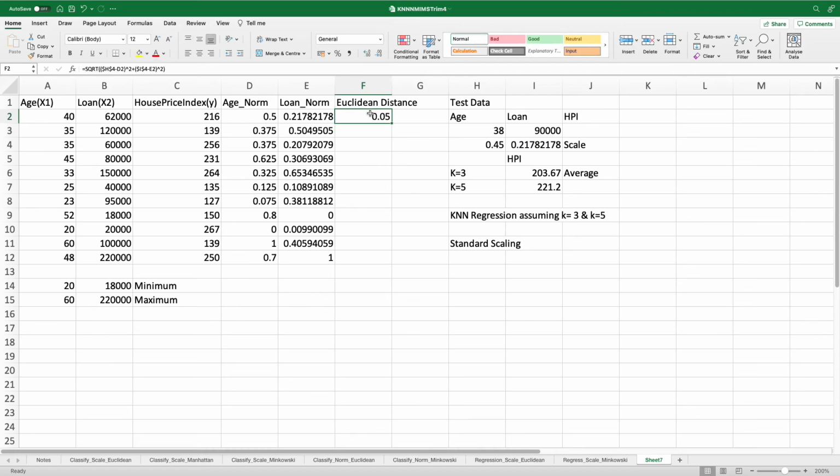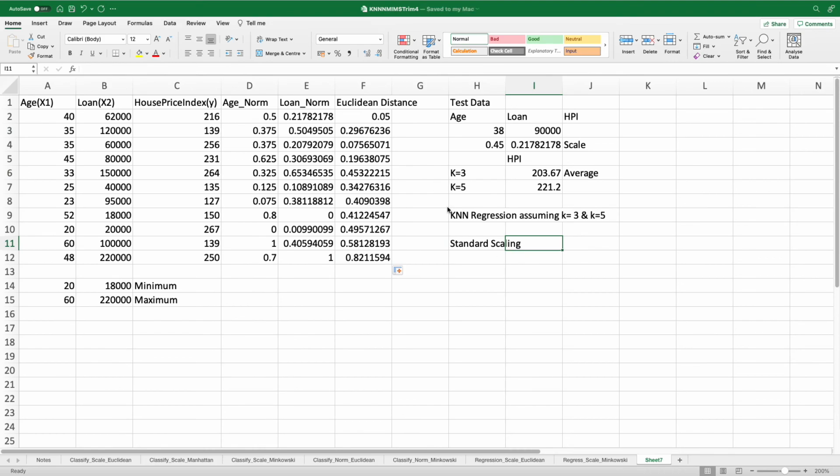Press enter, and is the formula correct? Yes.